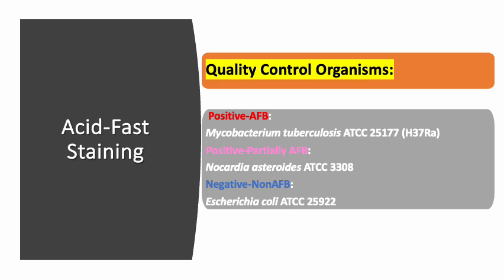For the partially acid-fast bacilli, when we say partially, it doesn't completely take up the primary stain, so the result is usually pink or pale red. Now, the non-AFB doesn't take up the primary stain and usually takes up the secondary stain, so they are color blue or green in the result.